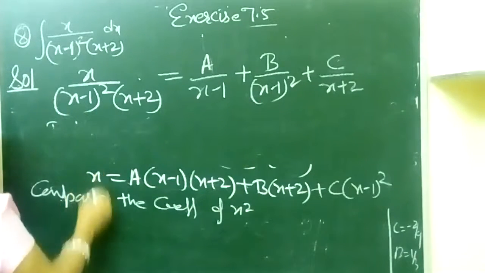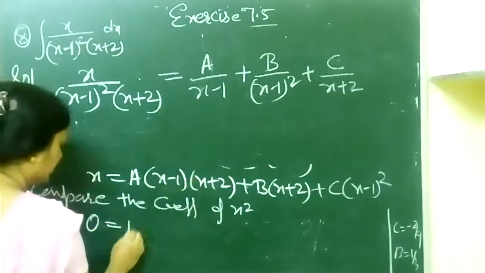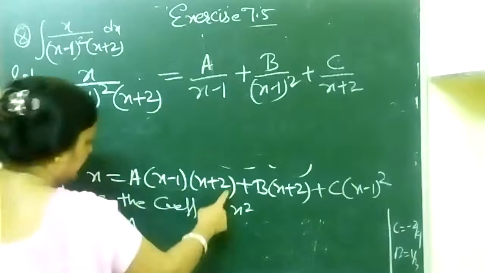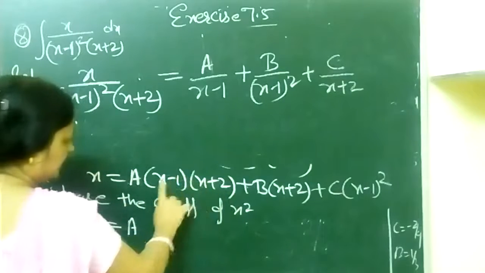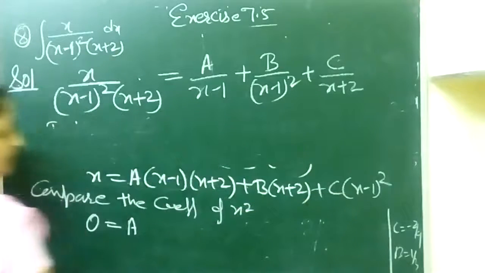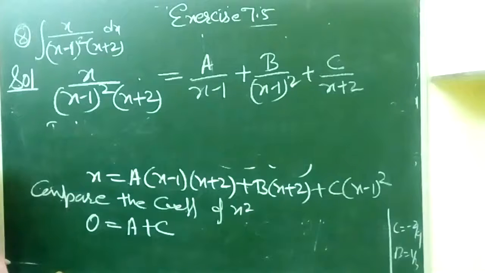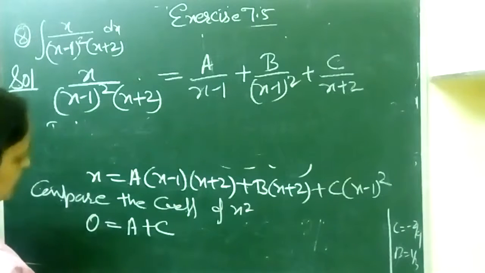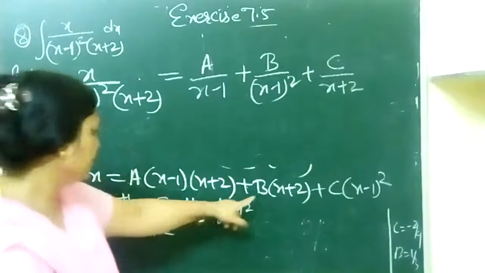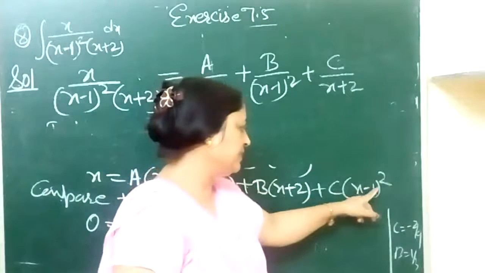So here x square is not here, so 0. And here a x into x, so ax square, it will come a. Then after that, in this term x square will not come, in this term x square will not come, and here c x square, so plus c. So what is the value of c? The coefficient of x square will not come here, and here x square plus 1 plus 2x.